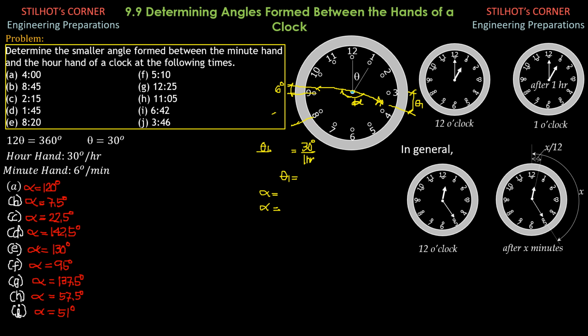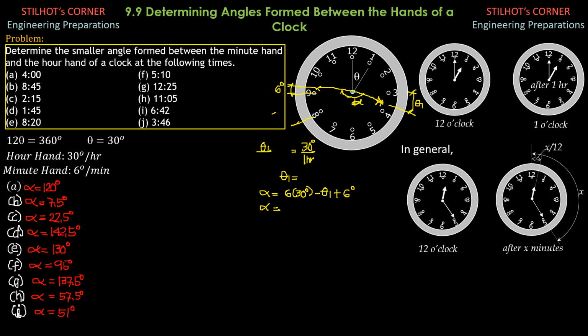So from the figure, alpha is between 3 to 9. 1, 2, 3, 4, 5, 6. So that would be 6 times 30 degrees, then minus theta 1, then plus we add 6 degrees here. So that's our working equation, where theta 1 is to be solved.